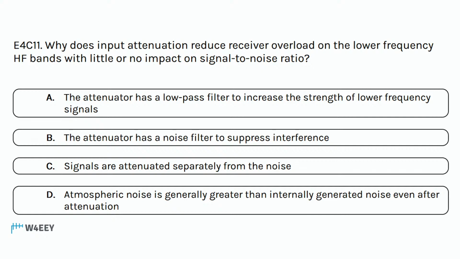So why does input attenuation reduce receiver overload on lower frequency HF bands with little or no impact to signal-to-noise ratio? Delta. Delta, yes. Atmospheric noise is always much greater than internally generated noise, even after attenuation on the lower frequency bands.